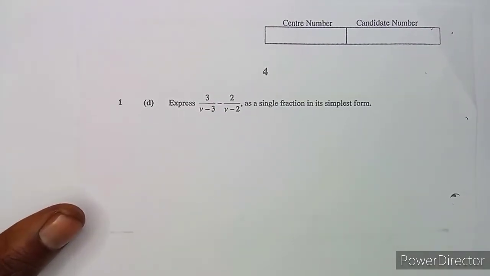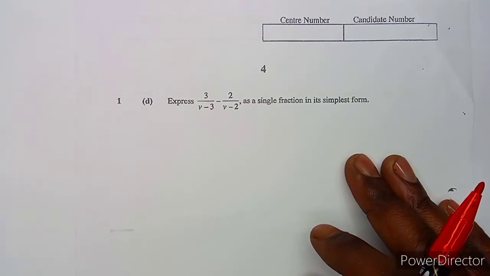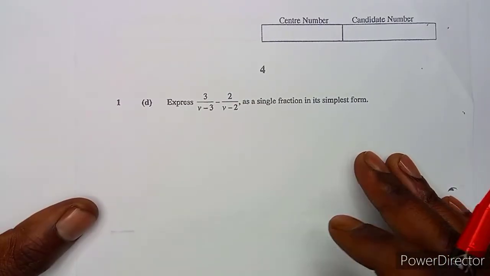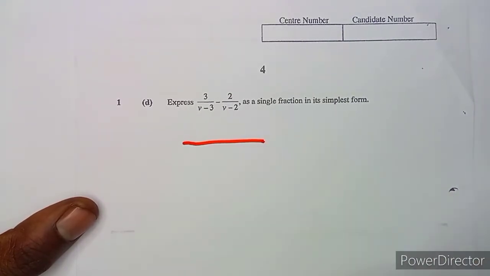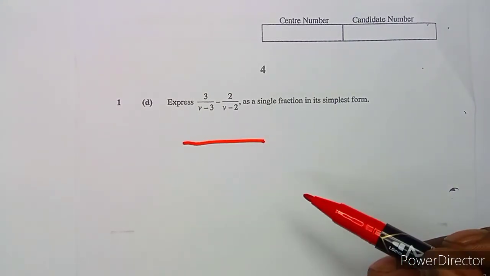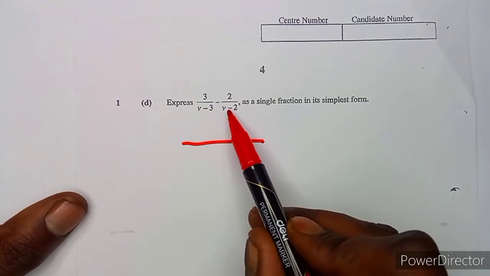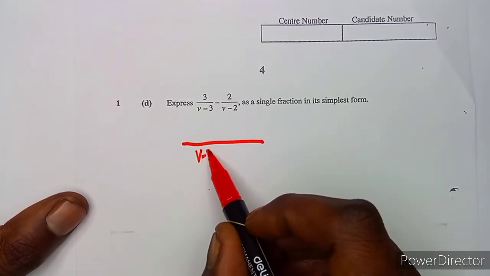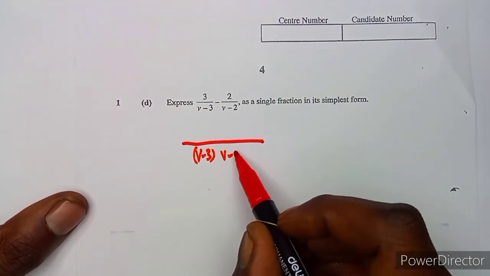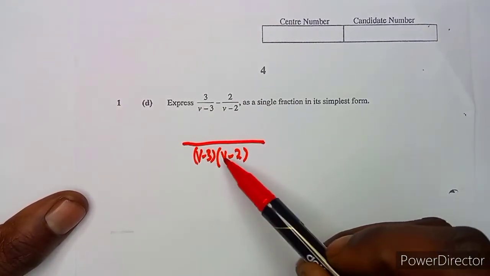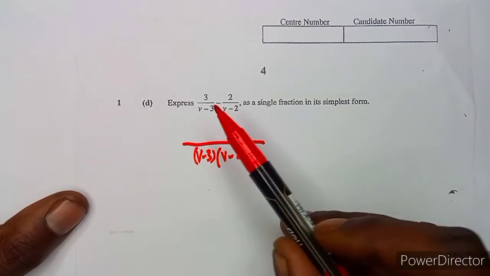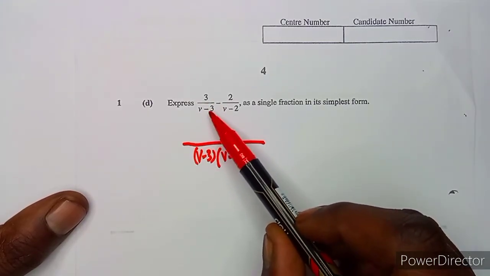So another part, we are asked to simplify or to express this as a single fraction. Okay, so as we know, guys, the first thing is to have the LCM of the given two denominators. We've got v minus 3, v minus 2. So it's v minus 3, v minus 2. All right, so you have to divide this LCM or our LCD by the first bracket.